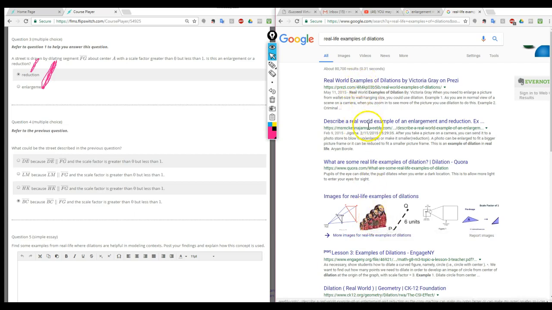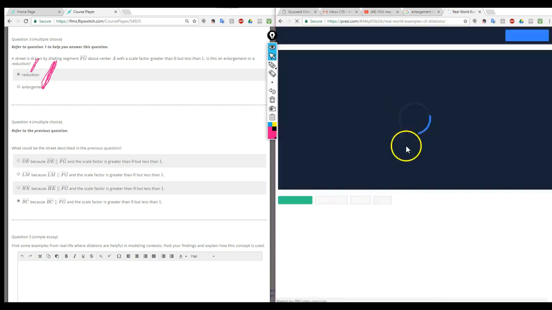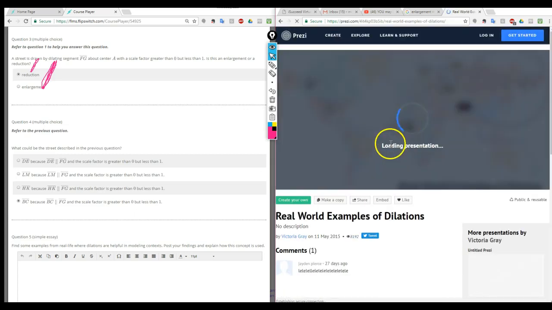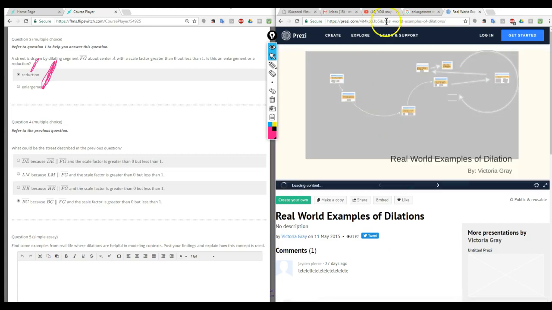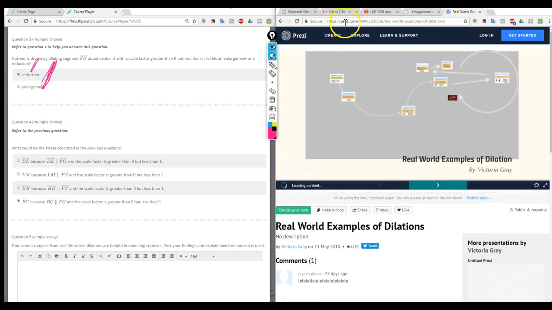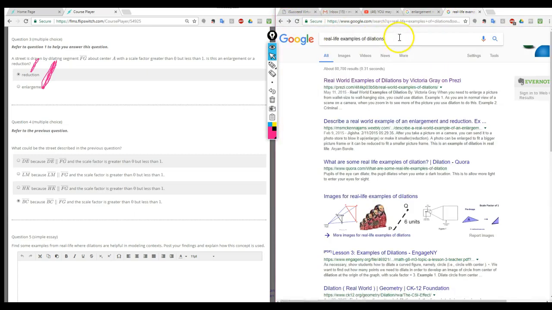You could also click possibly on one of these other websites that I pulled up and look for real world examples that have been presented there. So there's a helpful hint for what to Google in order to answer question 5.